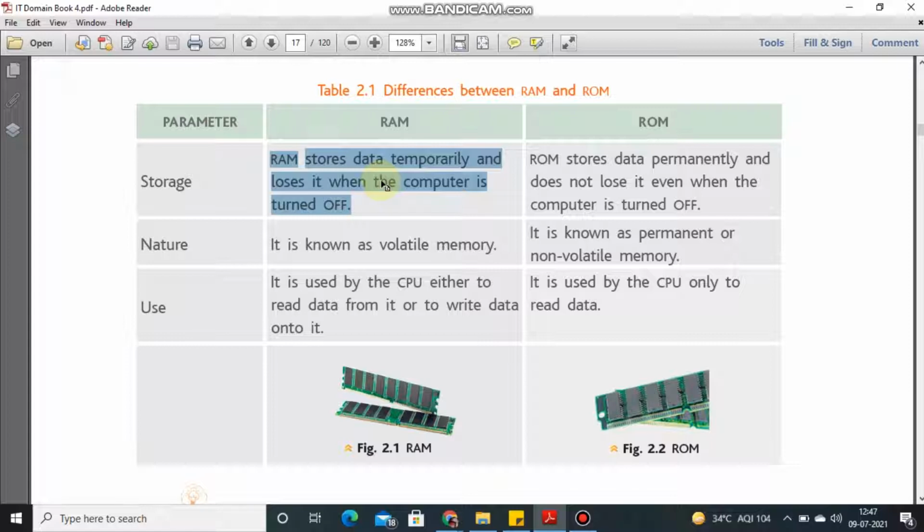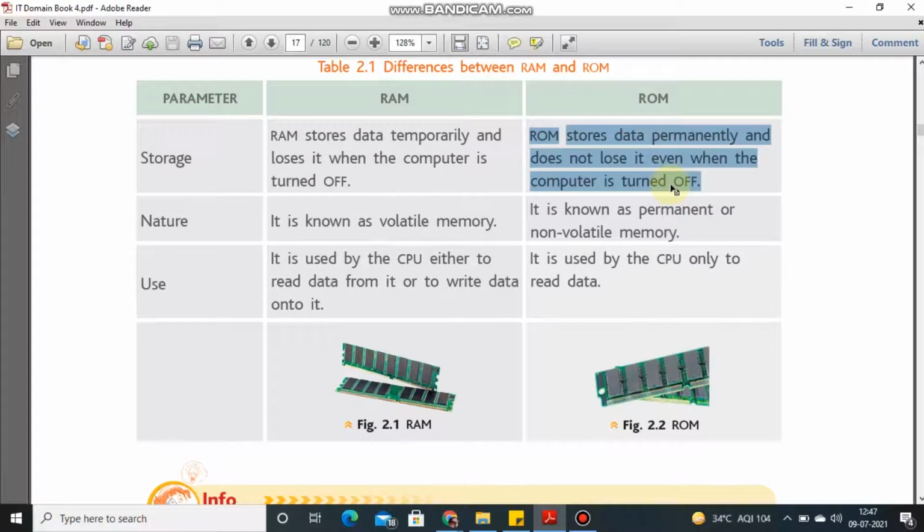When you turn off the computer, you will lose the data stored on the RAM. But ROM stores data permanently and does not lose it when the computer is turned off. In ROM, the content is stored permanently and you will not lose the content if the computer is turned off.